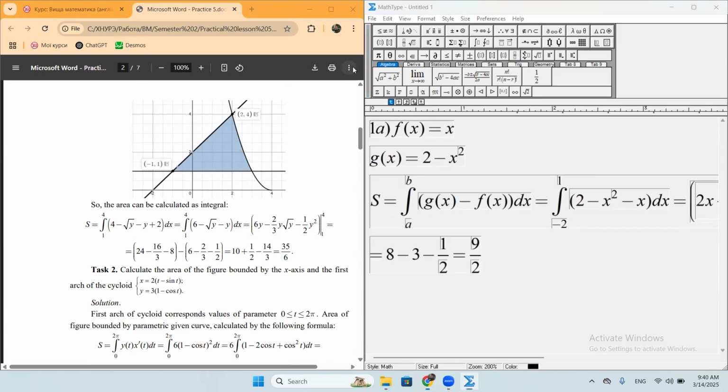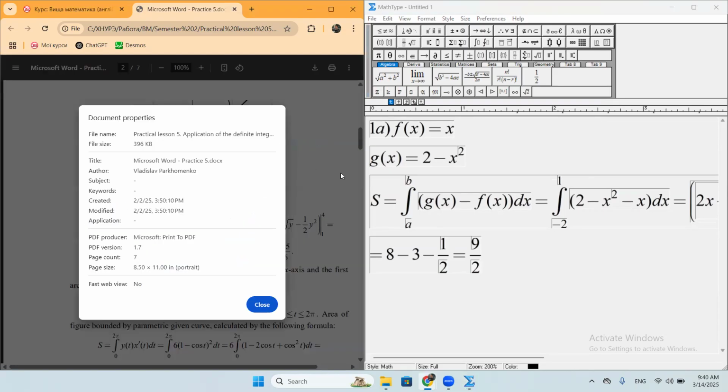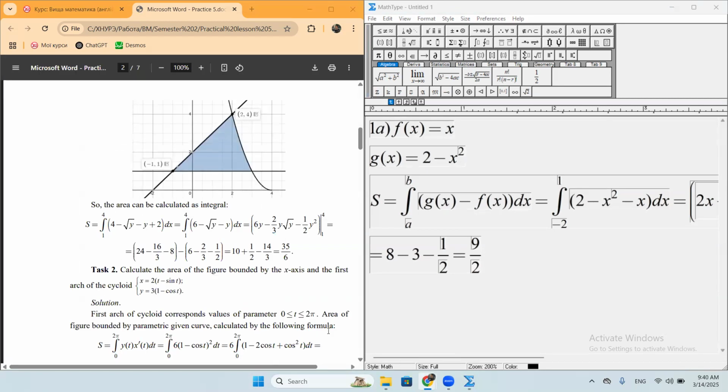Yeah, here is a mistake. I cannot edit it, unfortunately. But here must be y, and here y as well, because it's easier to integrate by y. If we were integrating by x, for example, we would have to split this region into two regions.